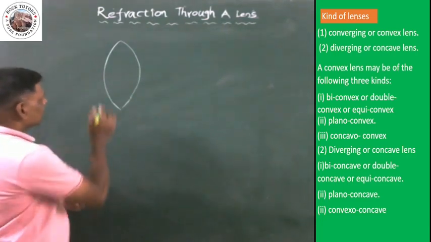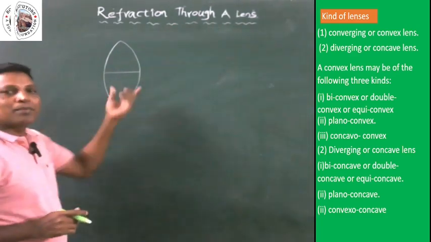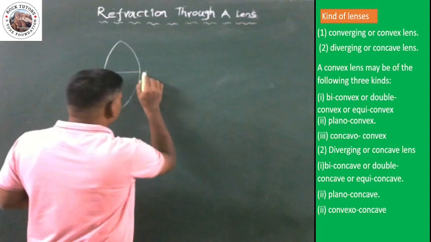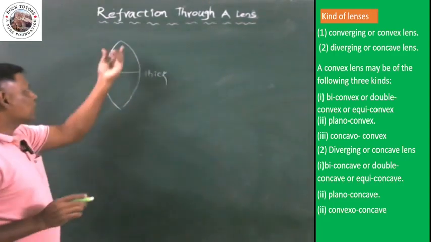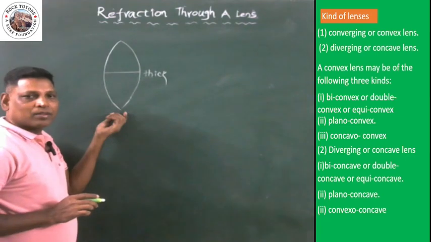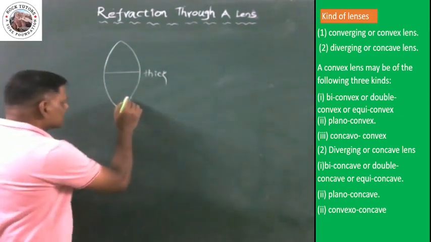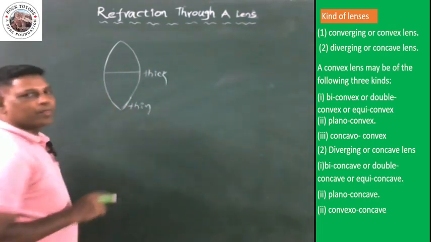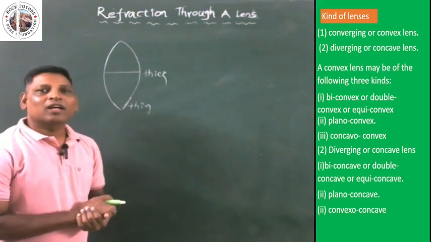Here in this convex lens, the middle portion is thick. And if you go to the edges, called the periphery, it is thin. So this type of lens is called a convex lens.